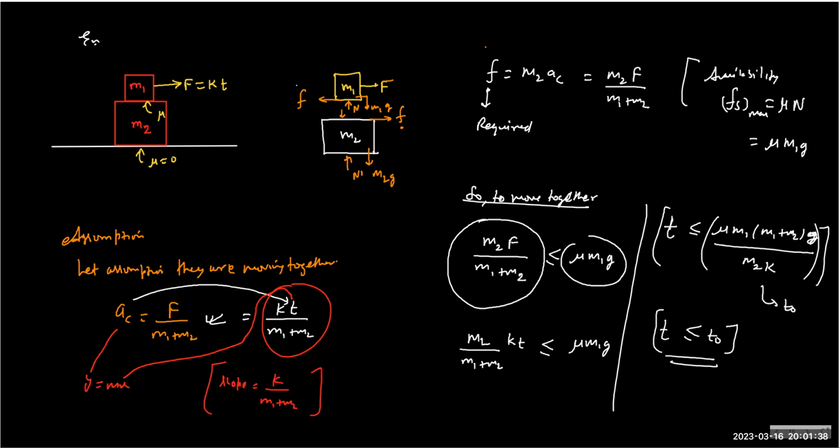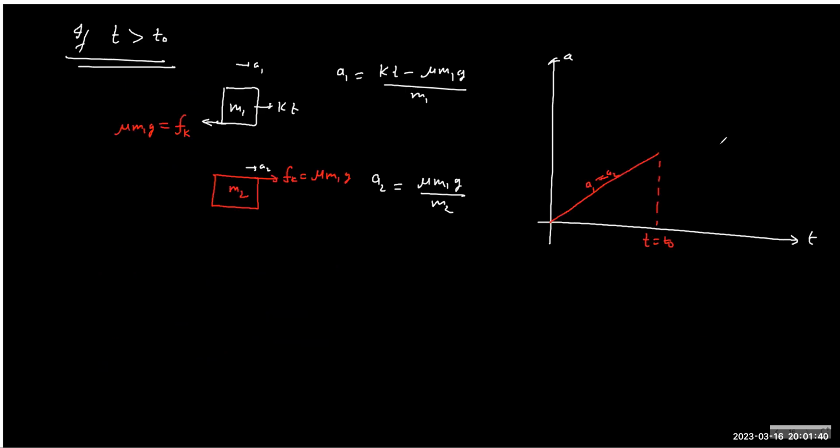So what will be the next graph? After you exceed this time, what will happen? The A2 will be constant, but A1 will be time variable, right?